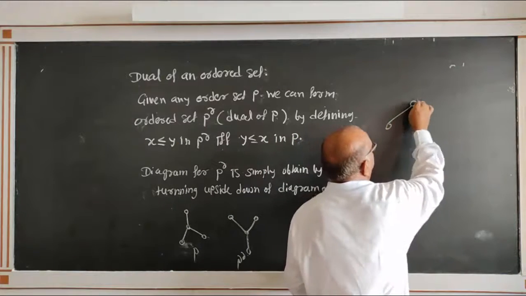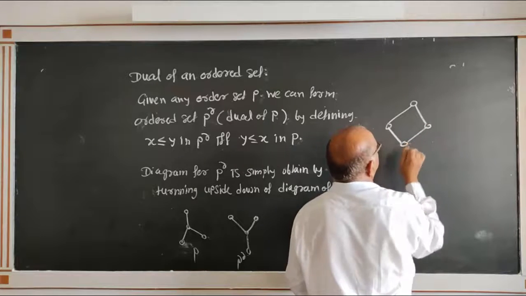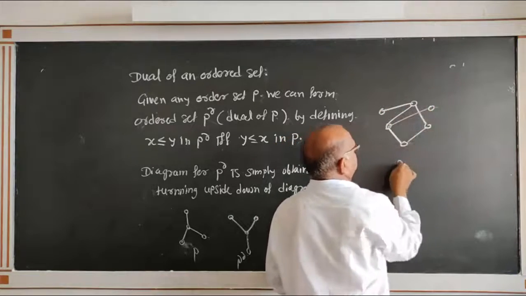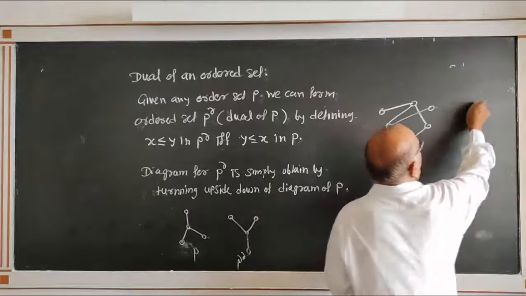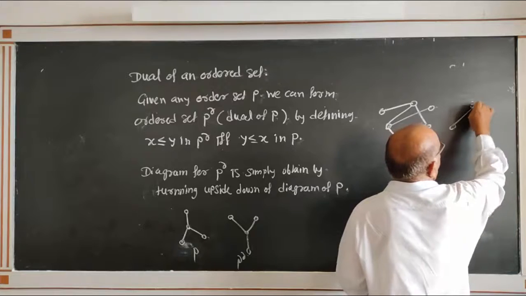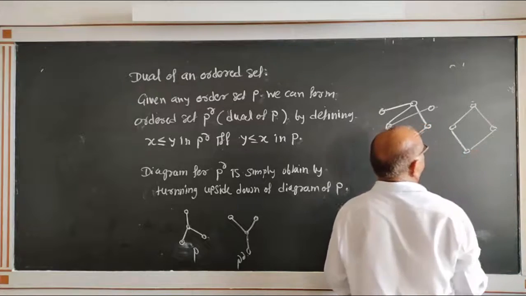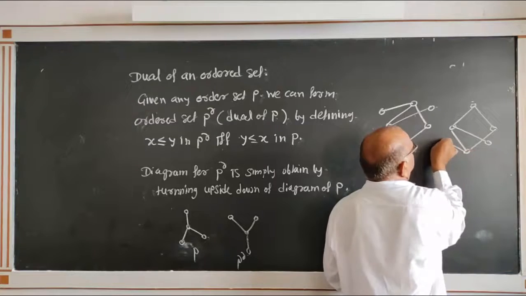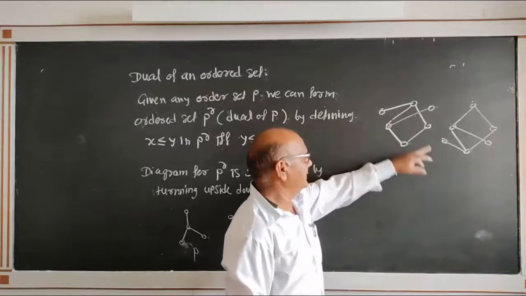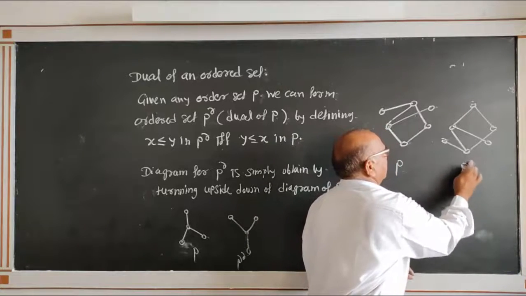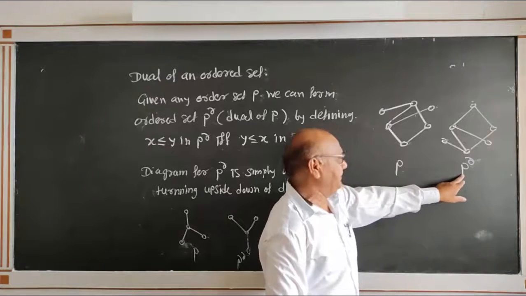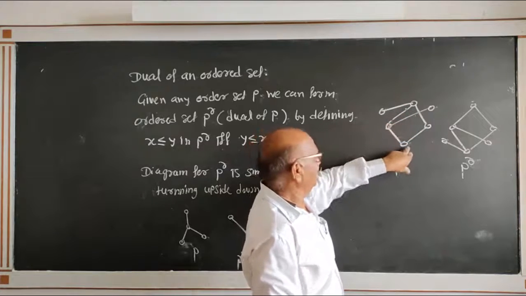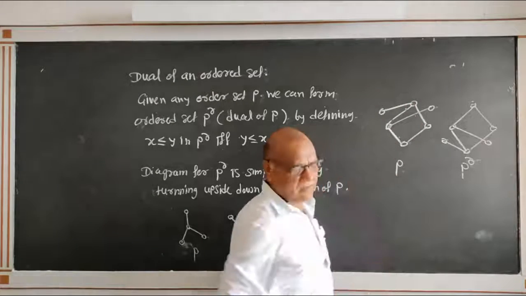Second diagram: here is P, then P dual. This is the P dual diagram, this is P. That means the diagram is turned, this side taken up and this side taken down.